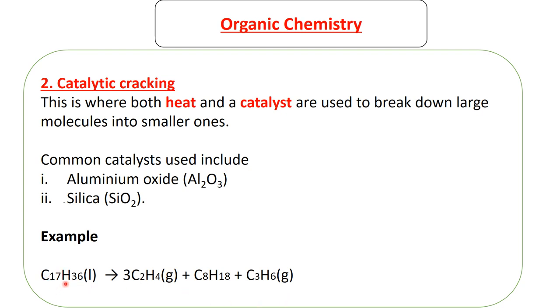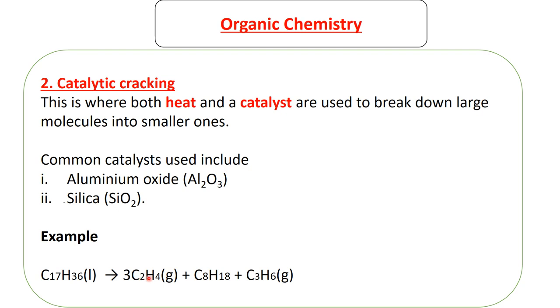Here we have an alkane with 17 carbon atoms. When there is a proper catalyst and it is heated, it breaks down into an alkene.